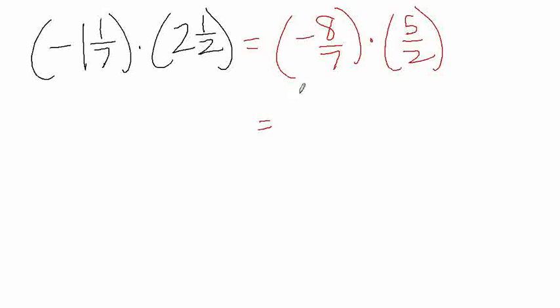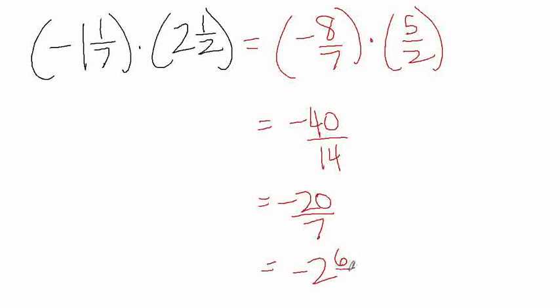Now doing the multiplication, I get minus 40/14. All right. And I can replace that with minus 20/7 or minus 2 6/7.